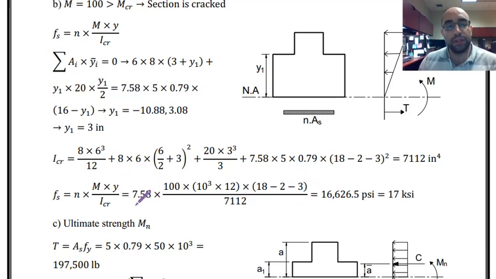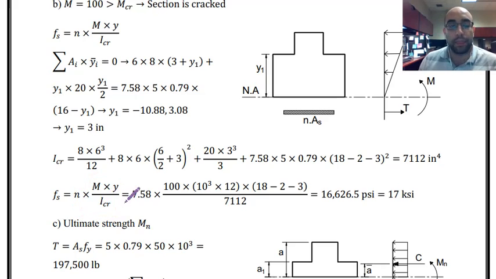So I can put this cracked section moment of inertia into this equation and find the stress in steel when the applied moment is 100, or when the applied moment is greater than the cracking moment. And we calculated it before. Moment is 100 kip-foot, changing it to pound and inch because the I, or the moment of inertia that we have is in units of inch to the fourth.